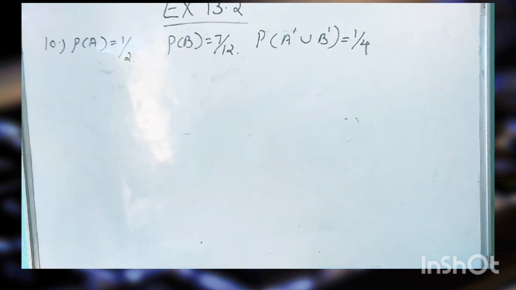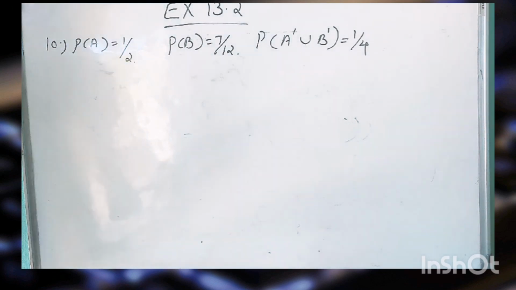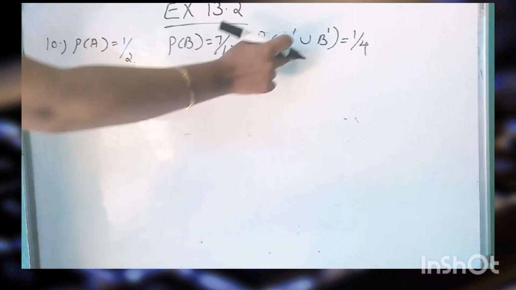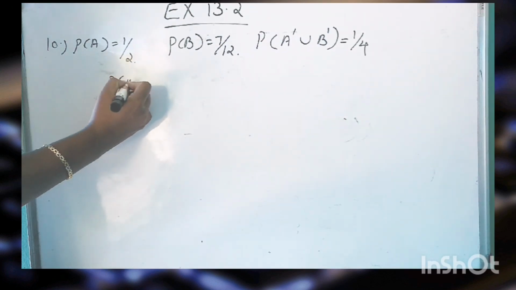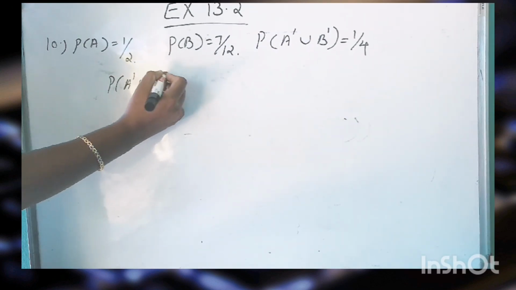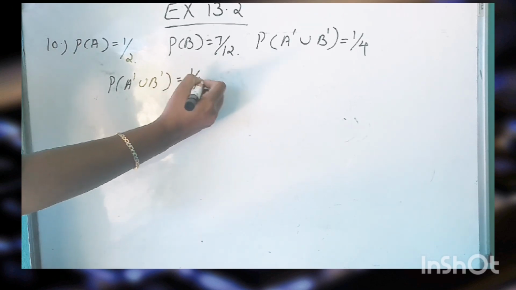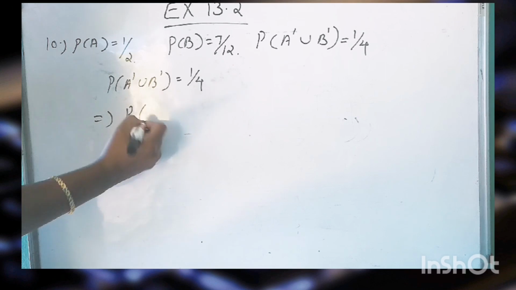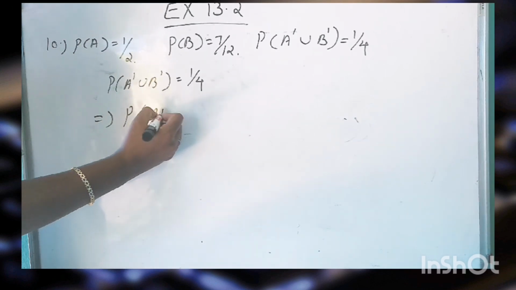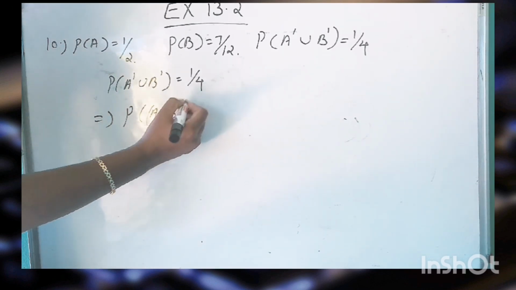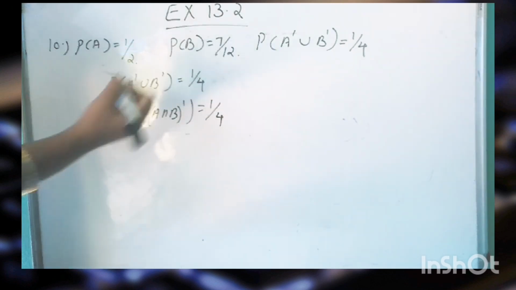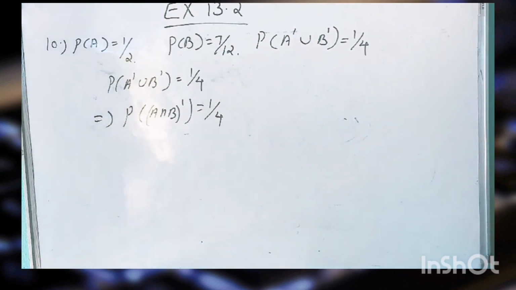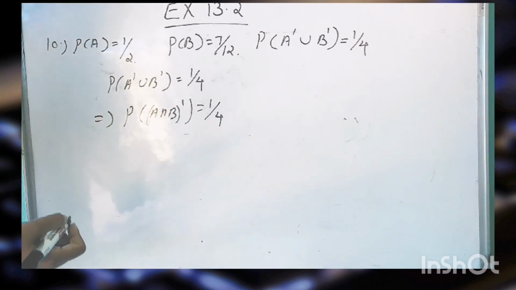So P of A complement union B complement is equal to 1 by 4. This implies we can write it as P of A intersection B all complement is equal to 1 by 4.